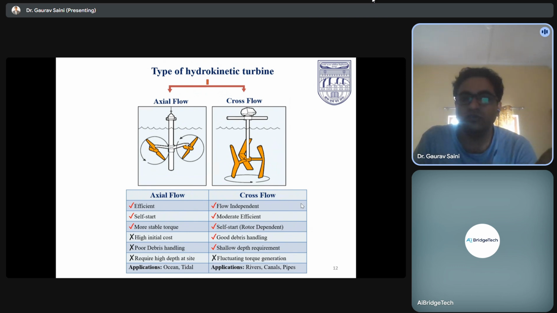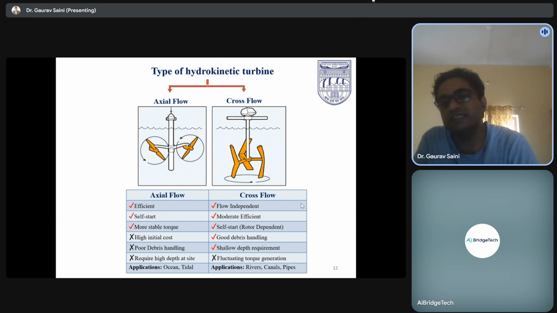So in case of cross flow, we can basically have a directional flow or indirect, meaning the flow can be from any side. And this can be self-starting, depending on the rotor we are using. And they have good debris handling properties, and they can also be utilized for shallow depth applications like in rivers, in canals, or in any structure that is man-made.